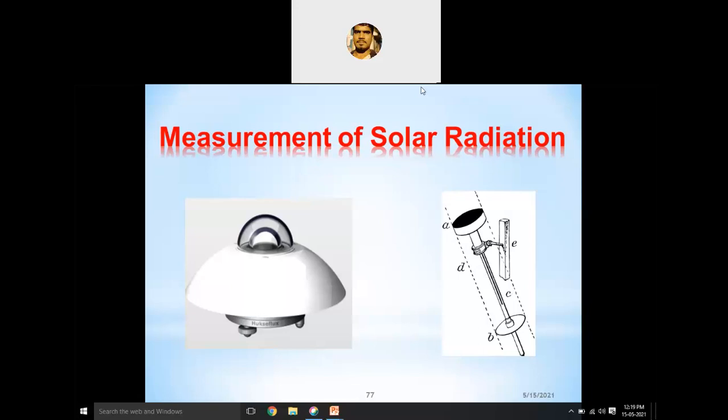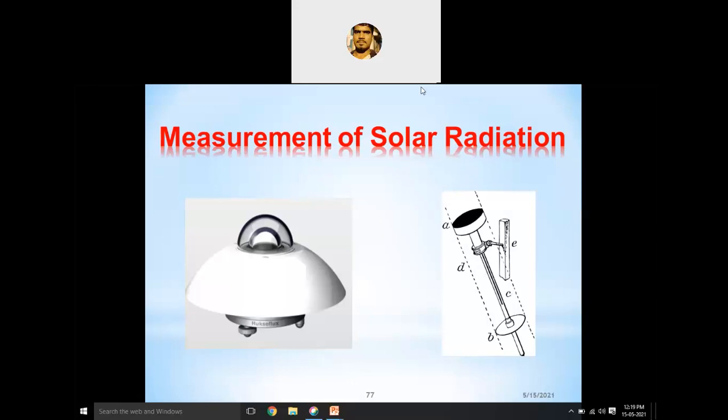So we are going to measure only a small portion, not all the solar radiation. The total radiation instruments may also measure diffuse radiation alone by shading the sensing elements from the sun's direct rays. So we go either with direct or with diffuse.